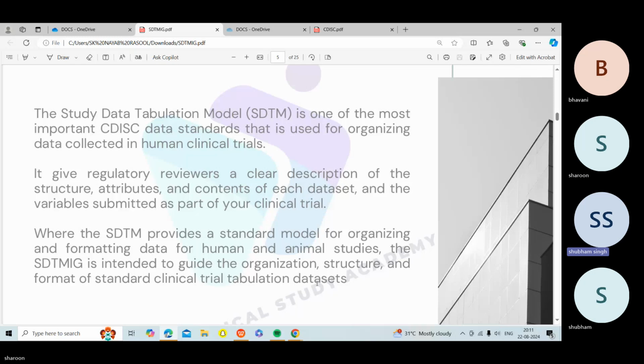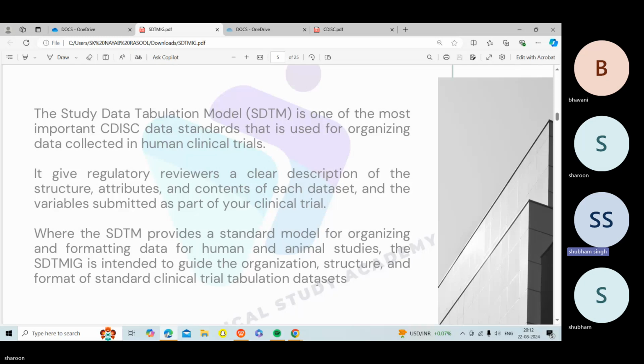It is one of the most important CDISC data standards that is used for organizing data collected in human clinical trials. It gives regulatory reviewers a clear description of the structure, attributes, and contents of each dataset and the variables submitted as a part of your clinical trial, where the SDTM provides a standard model for organizing and formatting data for human and animal studies.